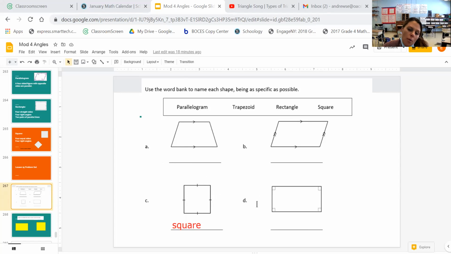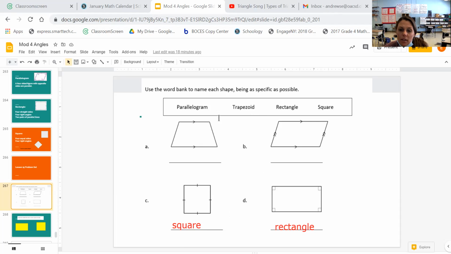I also know that a rectangle has right angles, and these two both have right angles. So that's nice. And technically, a square is a rectangle, so we could put this down here as a rectangle as well if we wanted to. So I have rectangle and I have square.